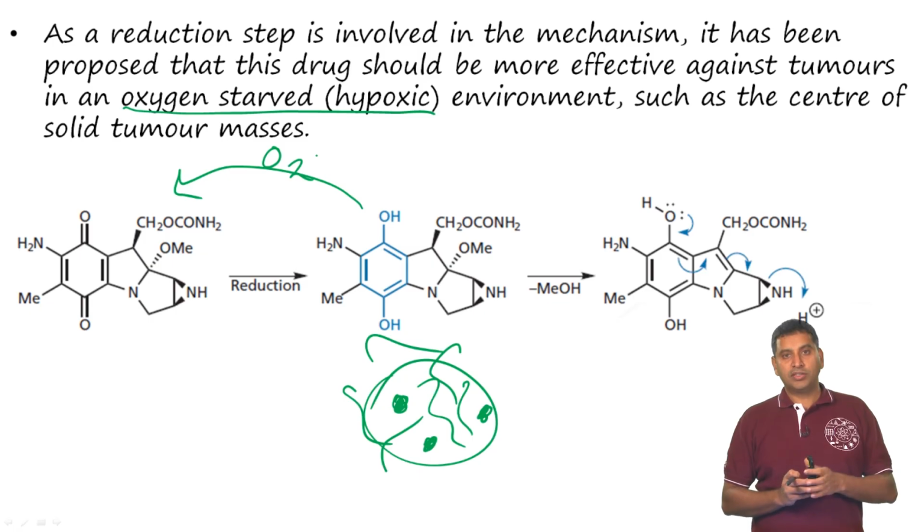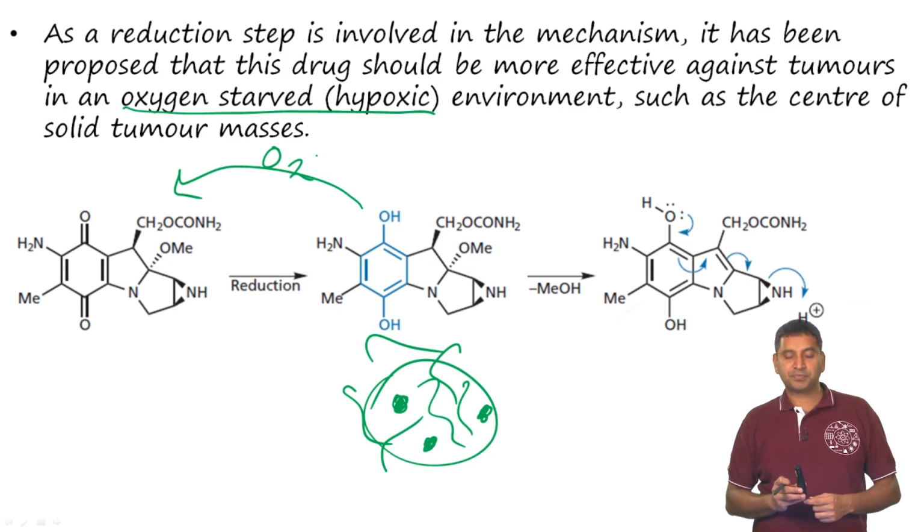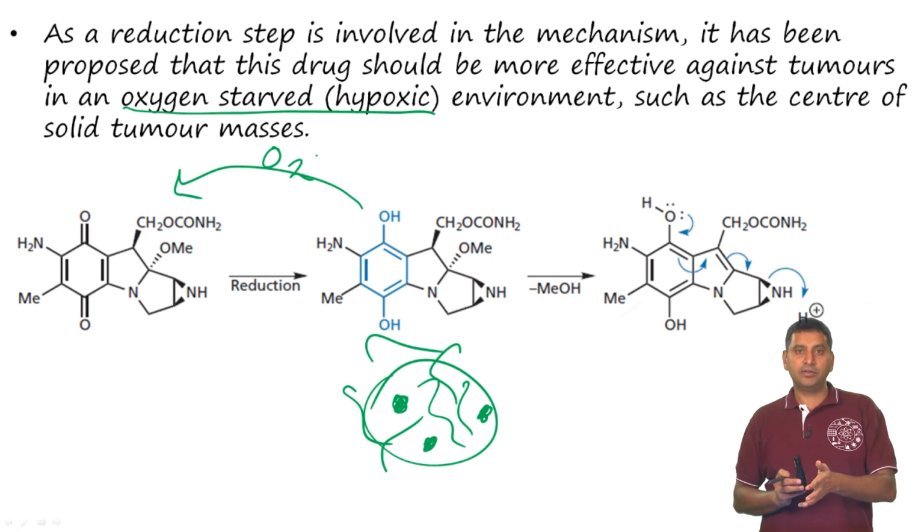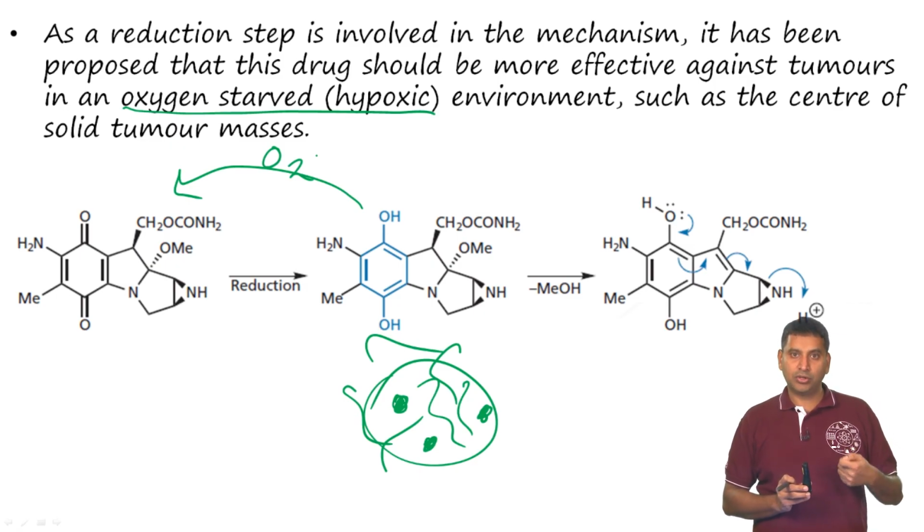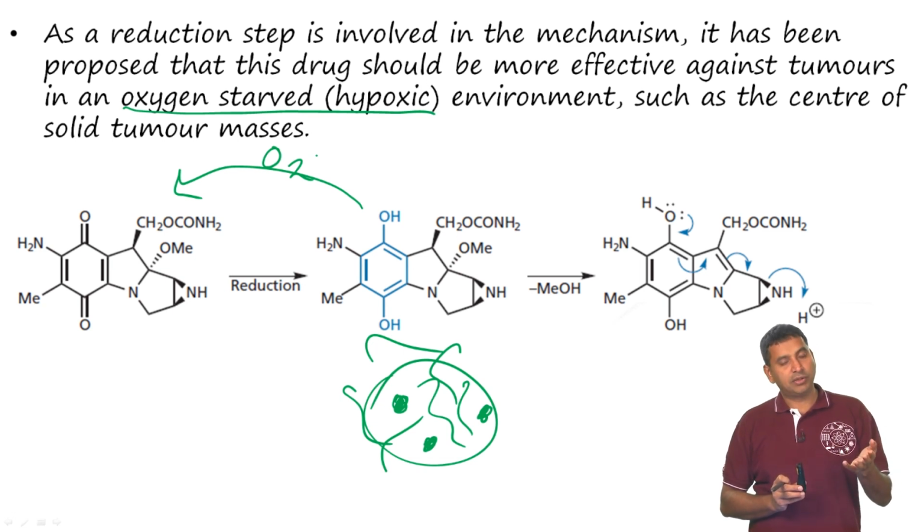What this helps us understand is that mitomycin is more effective in areas where there is hypoxia. We will look at this later, but hypoxic tumors are some of the most difficult to cure, because they have less blood supply, the drug also gets in much less, and they respond less to radiation because there is less oxygen. Therefore, you have a very important problem that can be solved using mitomycin.